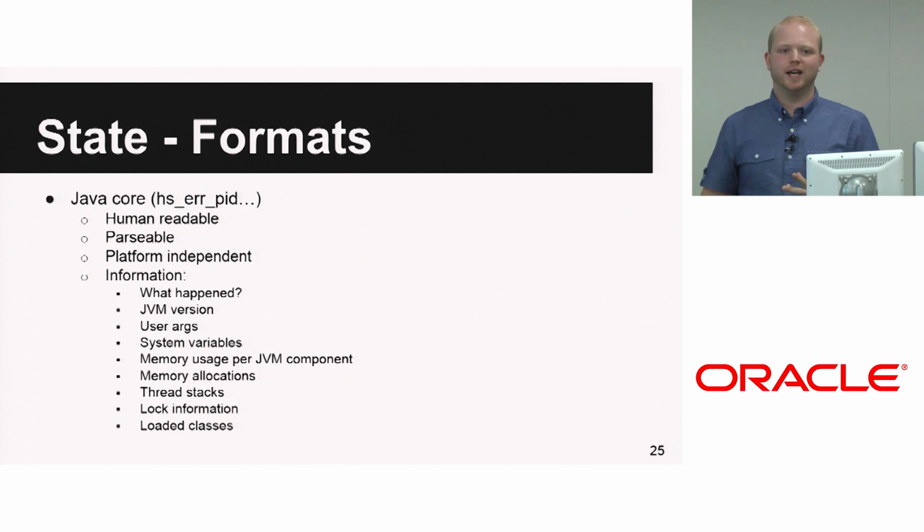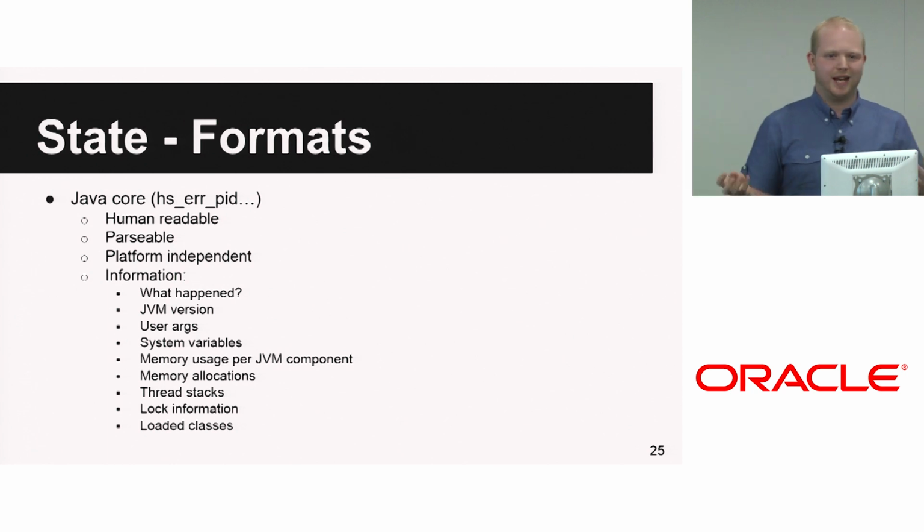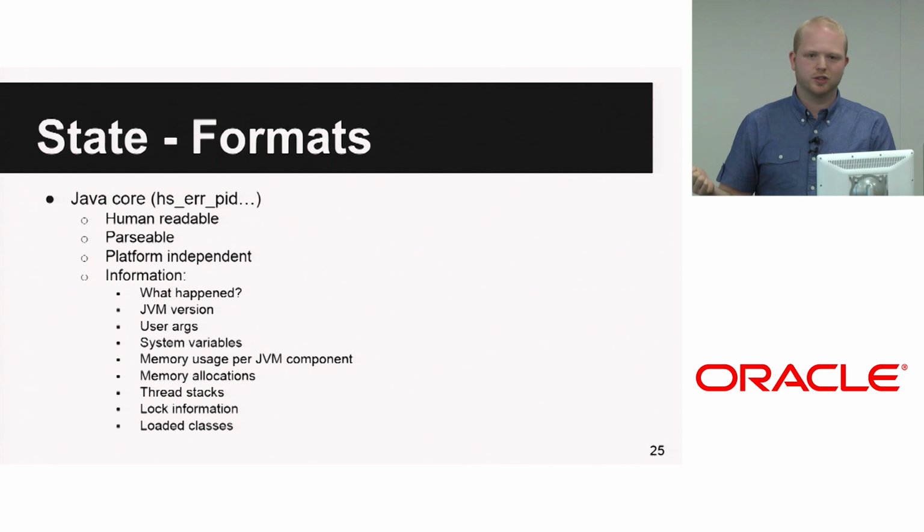What happened? Why did I end up with this Java core? Did I segfault? Did I actually ask for this one? The JVM version is very useful in the divide and conquer world, when we run our tests and you say, okay, it failed here. Yesterday it didn't.